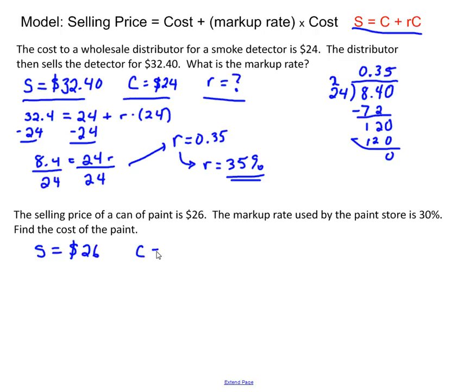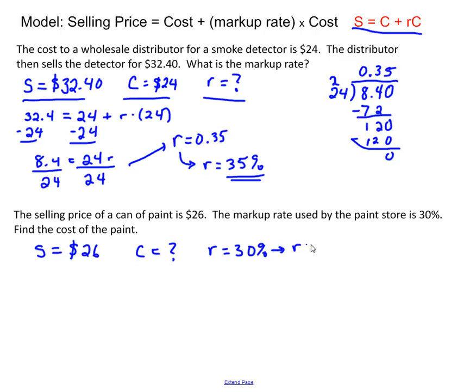C, the cost to the dealer. Well, we don't know what that is. That's our unknown. But we know the markup rate this time, and this time we're told that the rate is 30%. Now, before we go using a rate of 30, we're not going to just stick 30 into any equation. Remember, this has to be in decimal form.